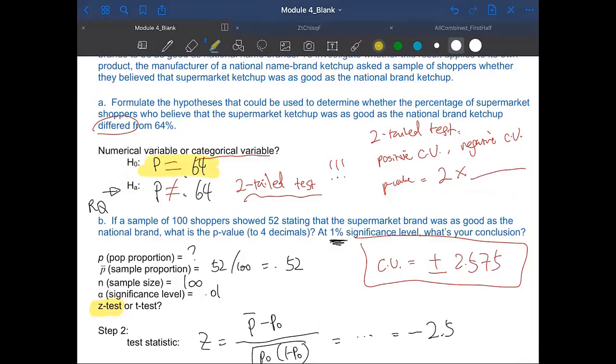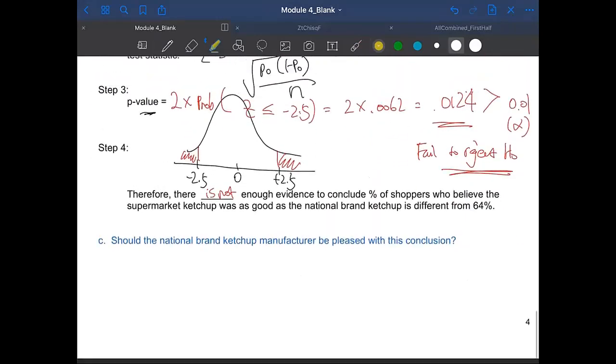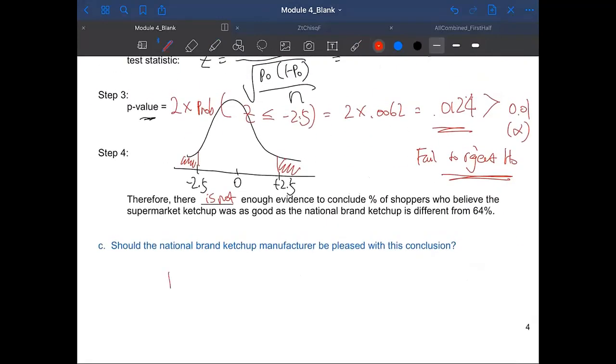So that means P is about 64%. So P equals 64%. If it's indeed about 64%, that means quite a lot of people don't think the generic or supermarket brand is the same as the national brand.